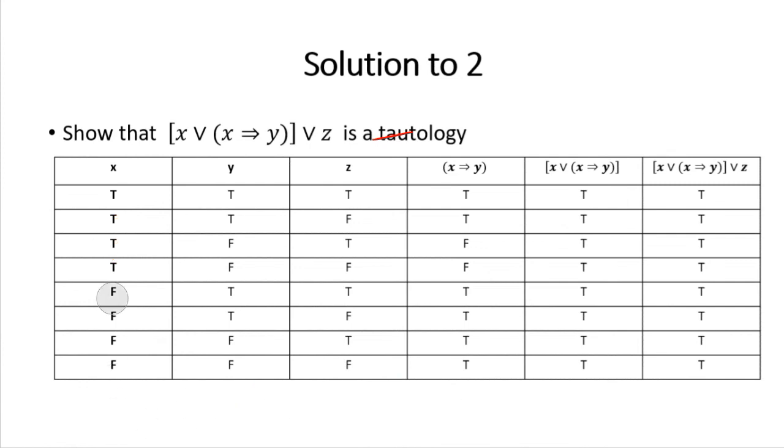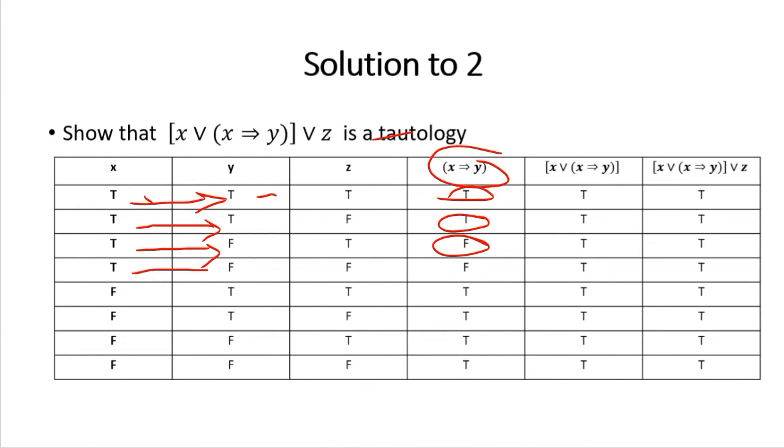We use the knowledge of this to find our x implies y here. So we go to x in this row. X is true, y is true. It means x is pointing to true, it will be true. Agree? X is true, y is true, pointing to both, it will be true. X is true and pointing to false, it will be false.